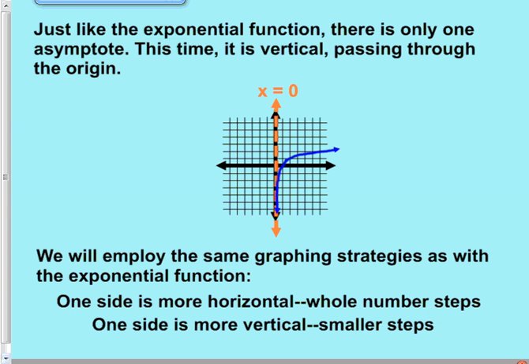One side is more horizontal. In that direction, we're not really concerned with a lot of height change, so we're going to take bigger steps. And on the other side, we are very concerned about the graph being more vertical, so we will take smaller steps to make sure we get the curve of the graph right.